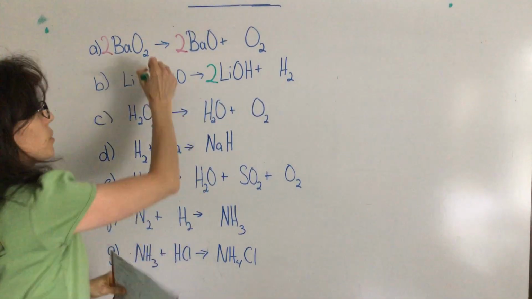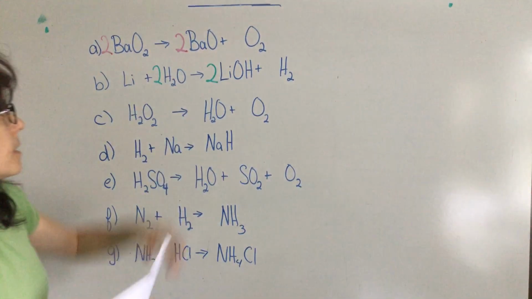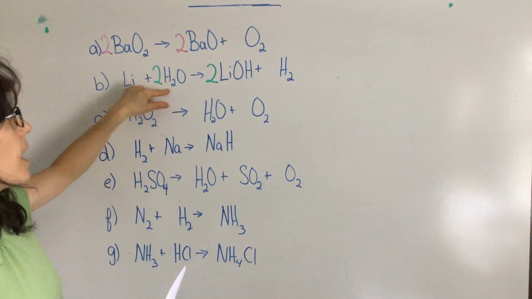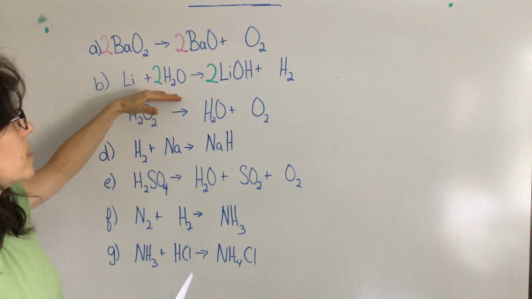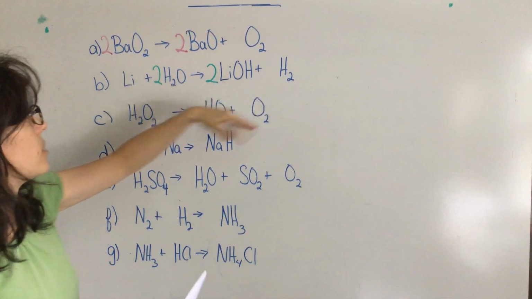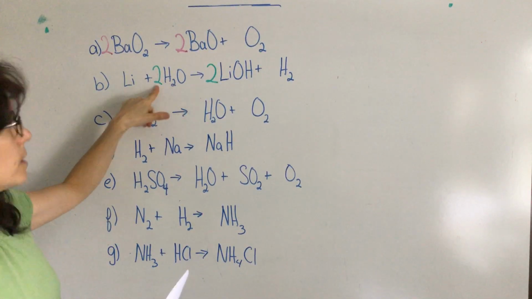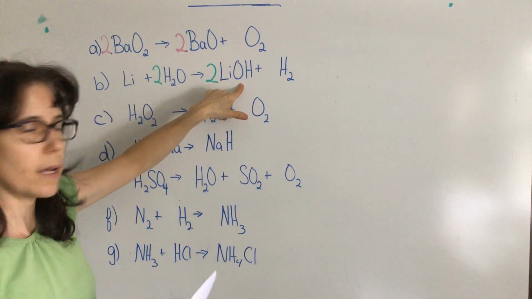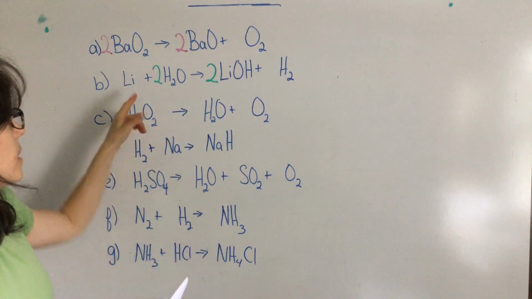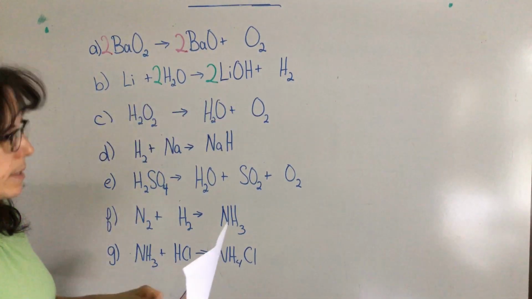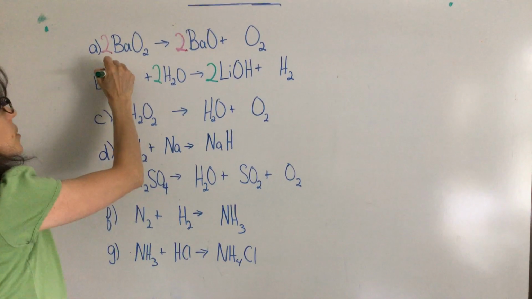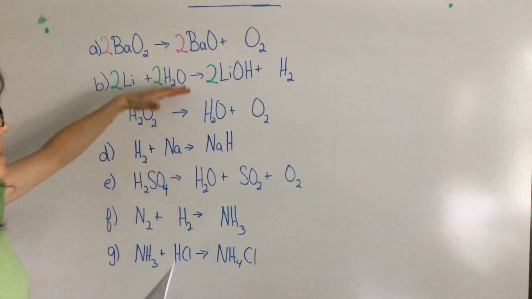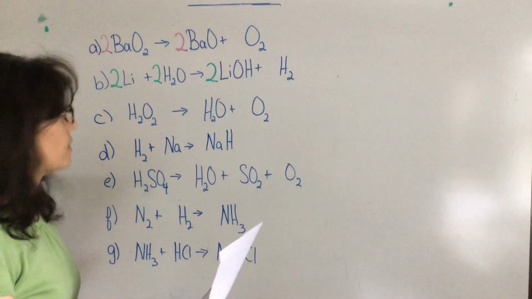So let's put a 2 in front of the water so that we also have 2 hydrogens in the reactant. So we have 4 hydrogens, 4 hydrogens. Now we have 2 oxygen, 2 times 1 on the reactant side, 2 times 1 on the product side. Lithium is not balanced, so let's put a 2 in front of the lithium. That takes care of letter B.